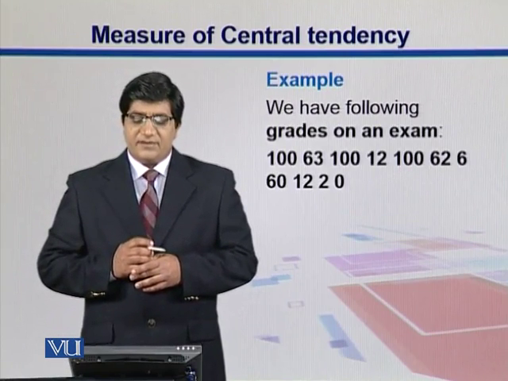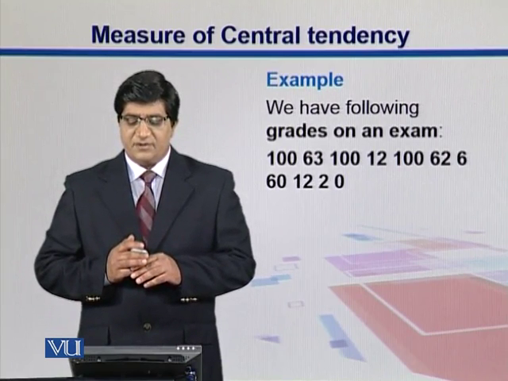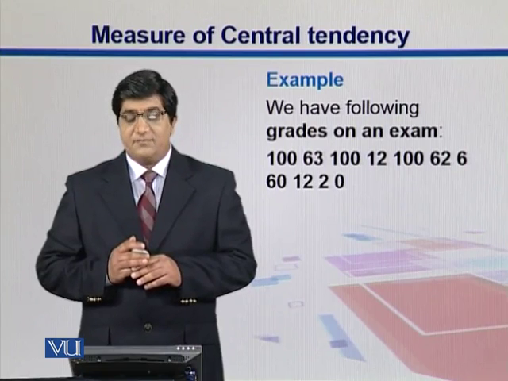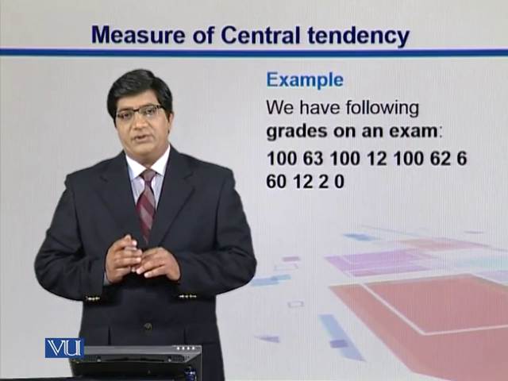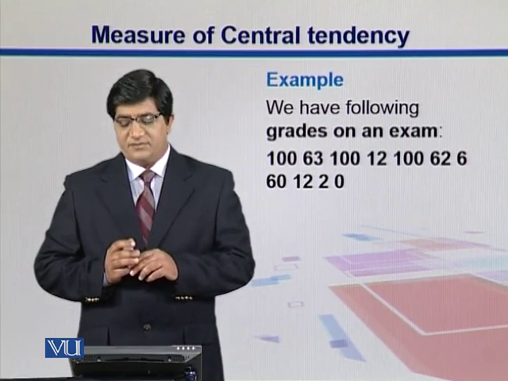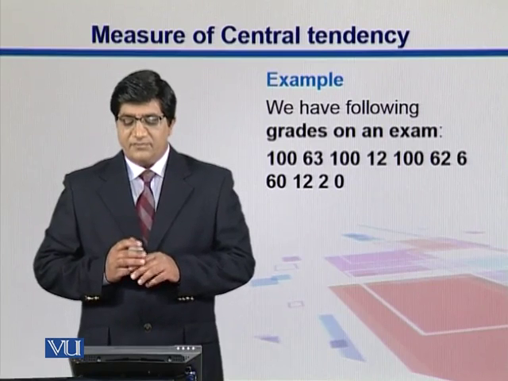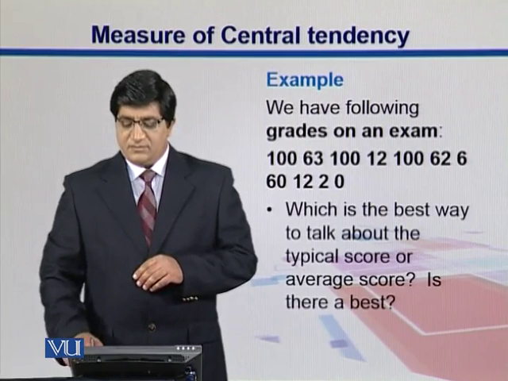Here in this simple example, let's elaborate on all three. Say we have some grades from an exam. This data is quite hard to read in order to describe the central tendency, so first of all we sort it.